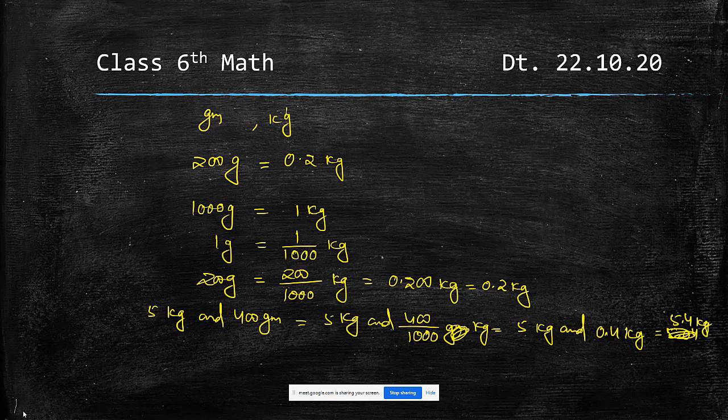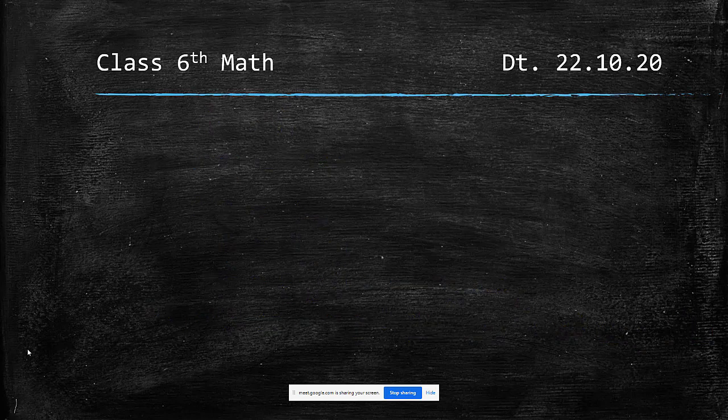Then we will discuss liter. Suppose 200 milliliter. We know 1000 milliliter equal 1 liter. So 1 milliliter equals 1 upon 1000 liter.